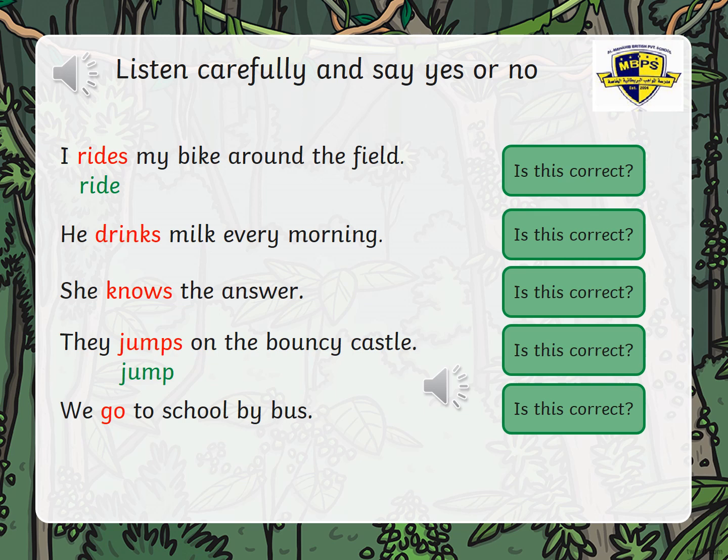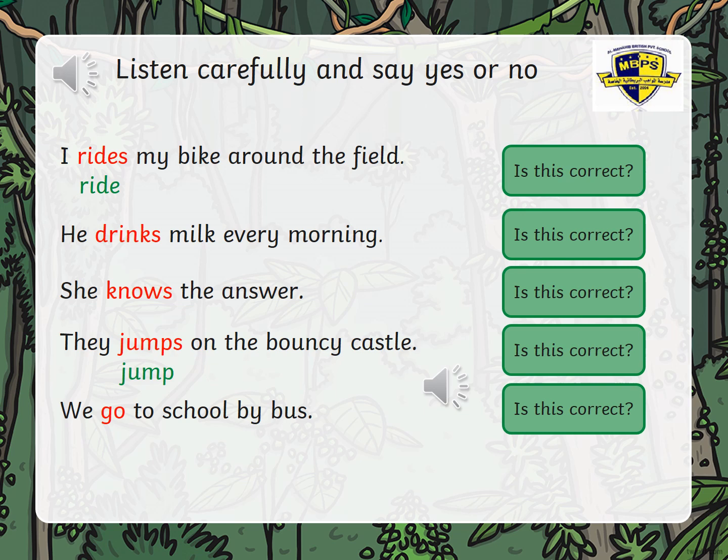Right, let's begin. I will read the sentences and let's check together, okay? I rides my bike around the field. Is this correct? Yes or no? What was the revision part I just told you, what we revised, remember?